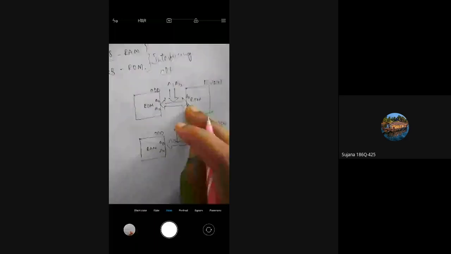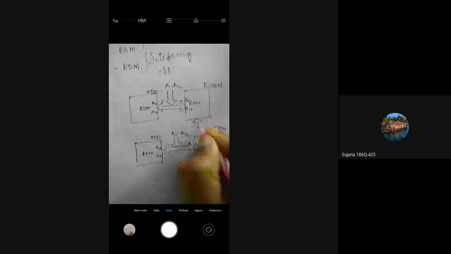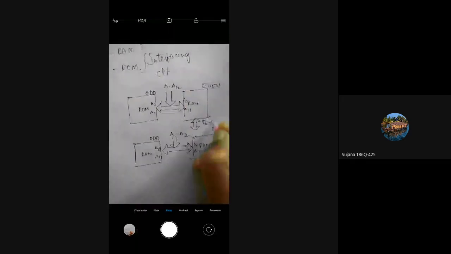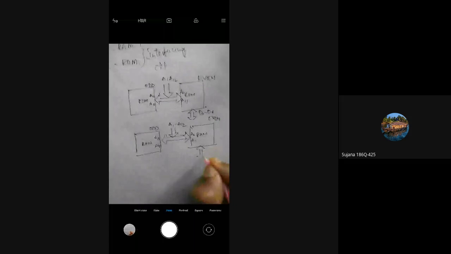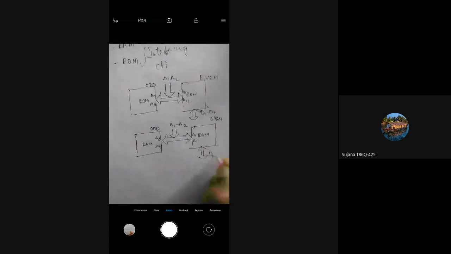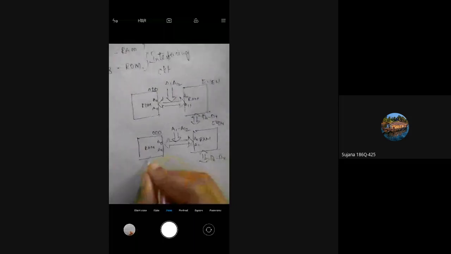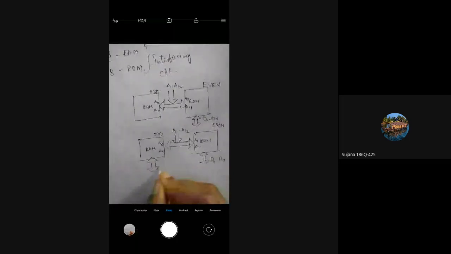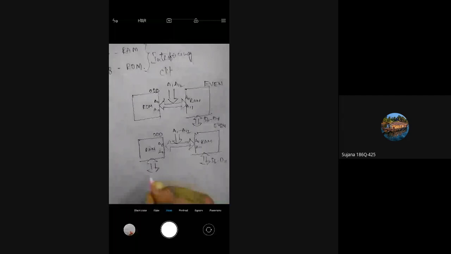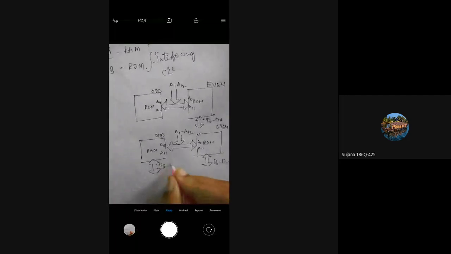That means the data lines will be D0 to D7. Since it is the even address bank, the data lines will be D0 to D7. This is the higher address bank, sorry, the odd address bank, so the data lines will be D8 to D15.